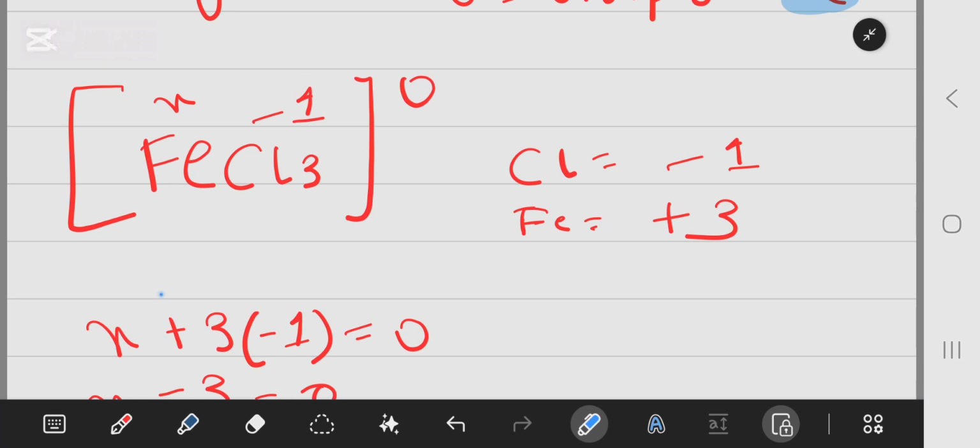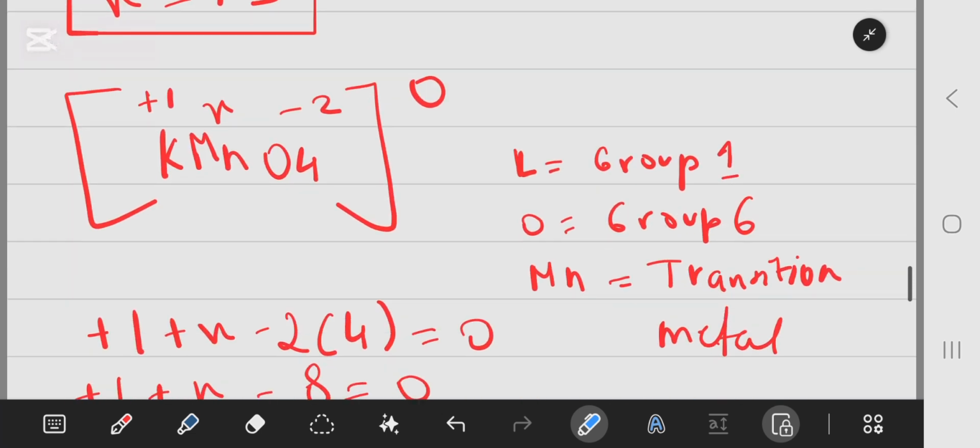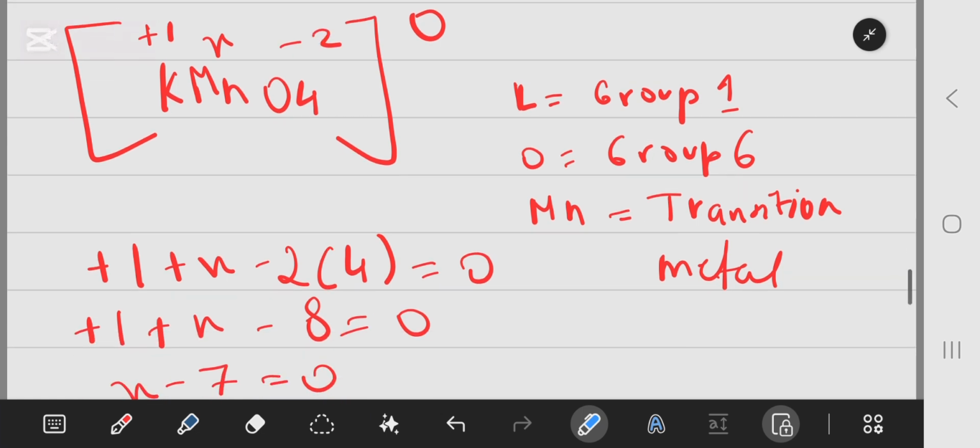In the second equation, I wrote -2 for oxygen separately. I could have multiplied -2 with 4 and said it's -8, but that would have been completely wrong, because the charge on the compound overall is 0, and I need to write the oxidation number for one ion only. So always write for a single ion.